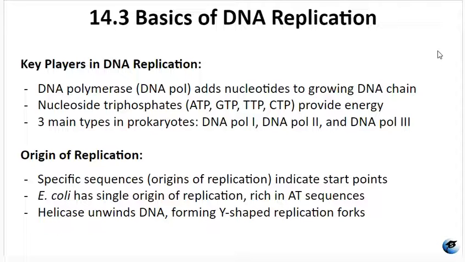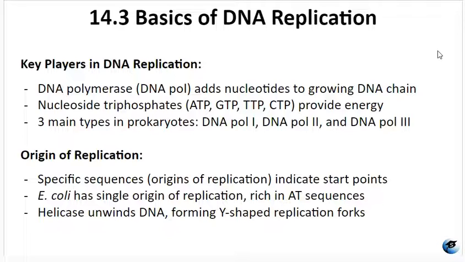DNA replication in prokaryotes begins at the origin of replication, which is a specific site on the circular DNA that is found in prokaryote cells. Enzymes called helicases unwind and separate the double-stranded DNA, and this is done with the aid of ATP hydrolysis, and it creates what is called a replication fork.